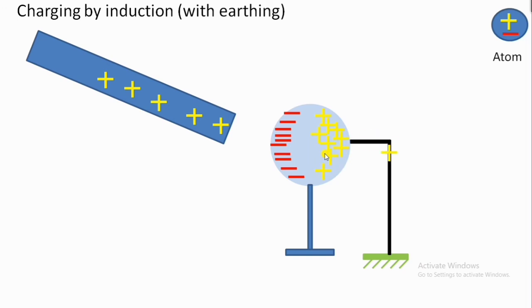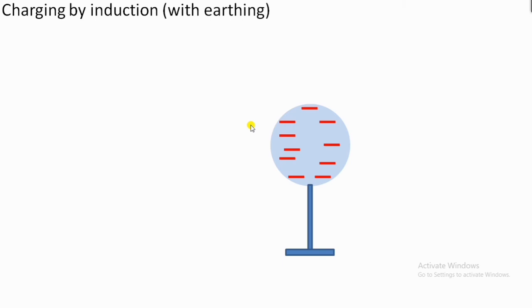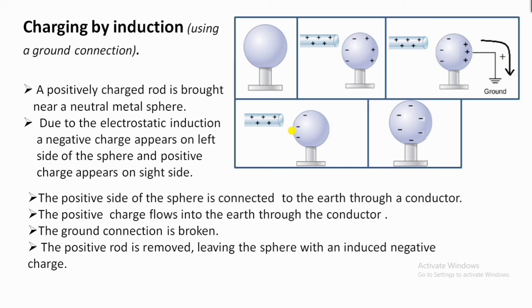So now all the positive charges are going to the earth and this side becomes neutral. Now we remove the earthing and we remove the positive rod, and this negative charge gets equally distributed through the sphere. Now we got a negatively charged sphere. So now you can pause the video and copy the notes.